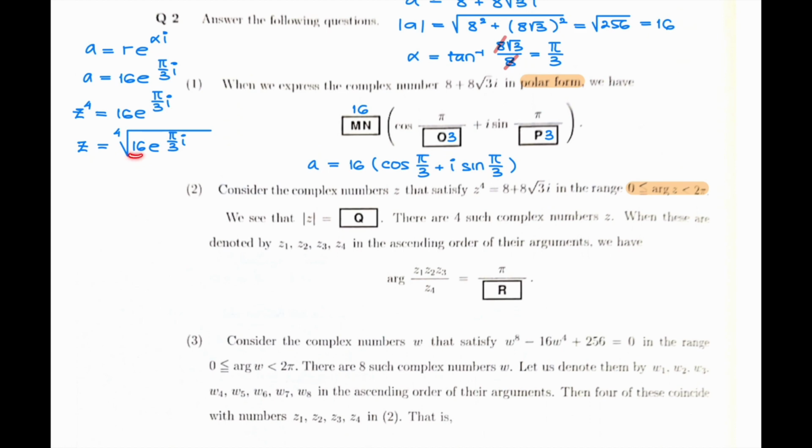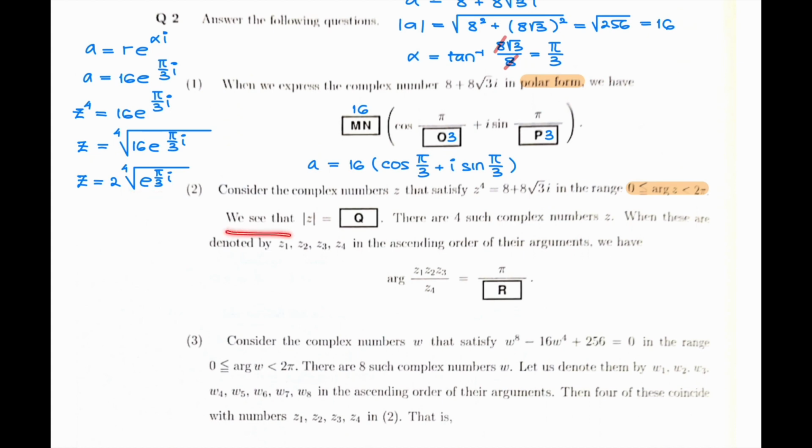If you calculate the fourth root of 16, you will obtain 2. I will leave this part as e to the power of pi over 3 times i. I still do not calculate or simplify this one.